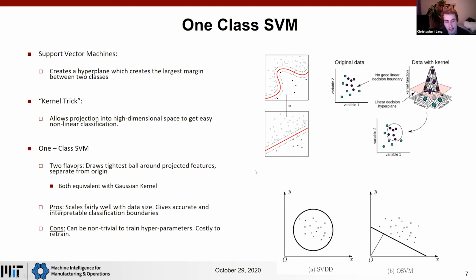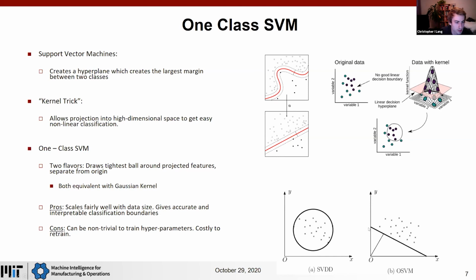But in the one-class case, you have to change this a little bit. There are two different ways of approaching the one-class case, but they give you the same solution when you use the common Gaussian kernel function. The first is to draw the tightest circle you can around all of these points in the projected feature space.